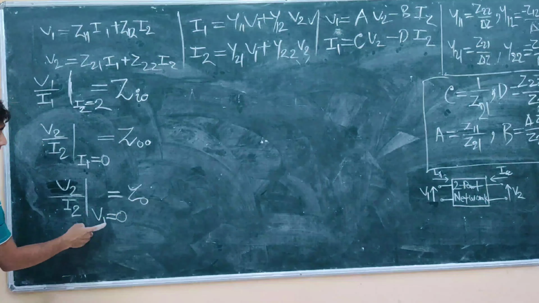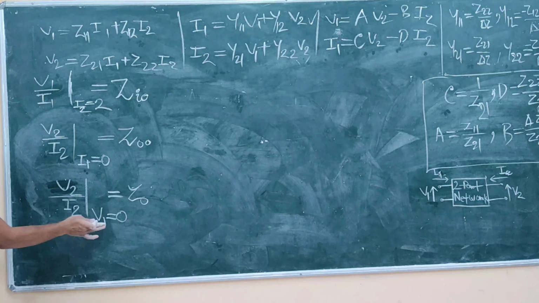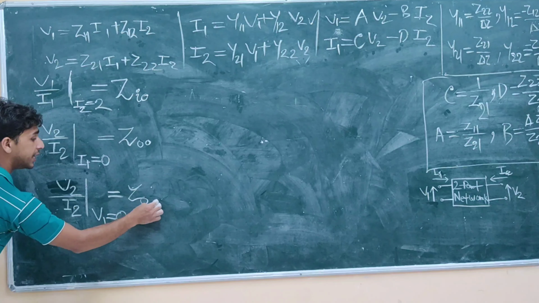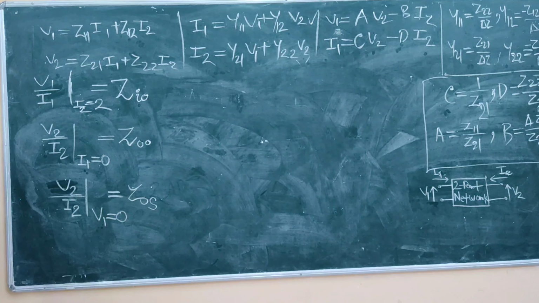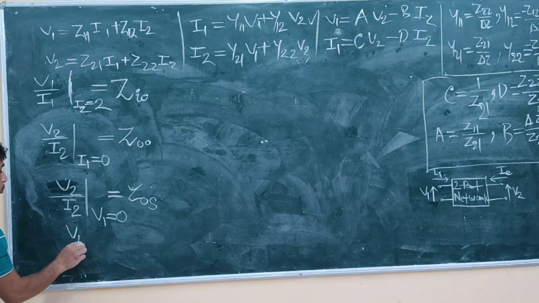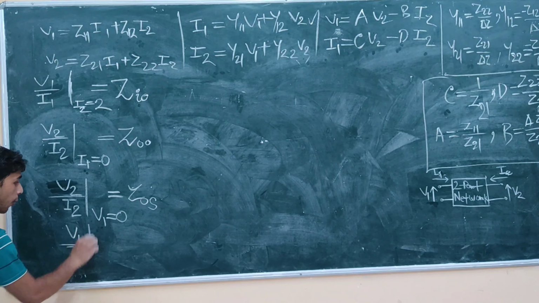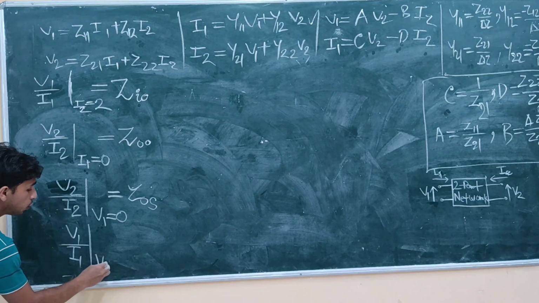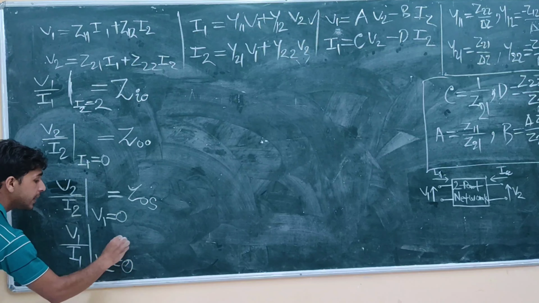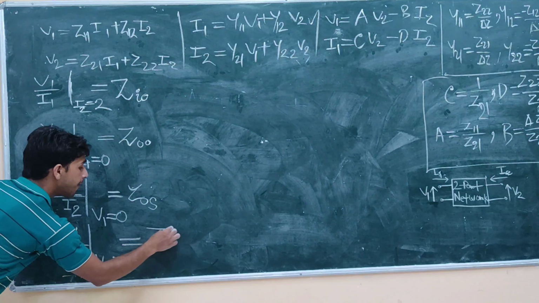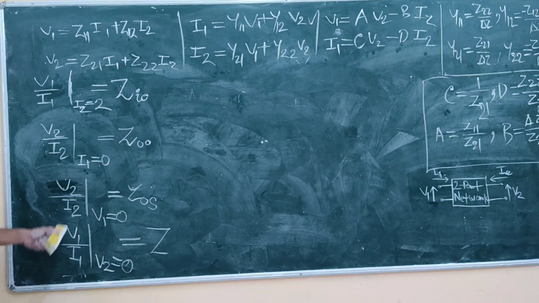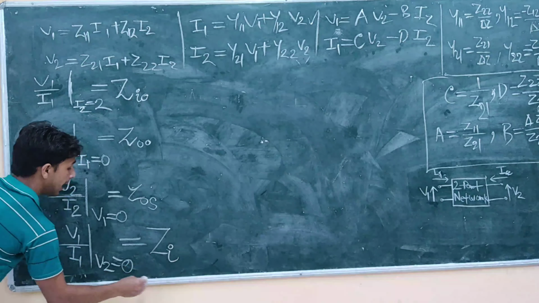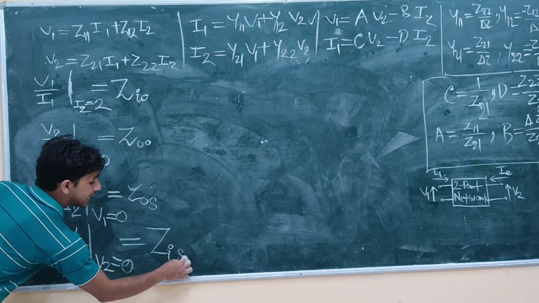So ZO, and how will you make V1 equal to 0? By short circuiting. So S represents short circuit. Similarly, we will have V1 divided by I1 when V2 equals 0. How do we make V2 equal to 0? By short circuiting the output. We symbolize this with input terms, and the output is short circuit, so S.